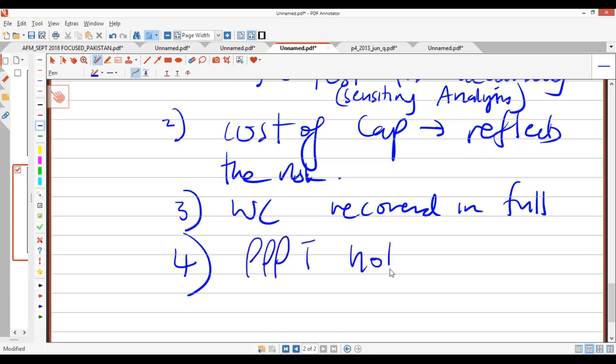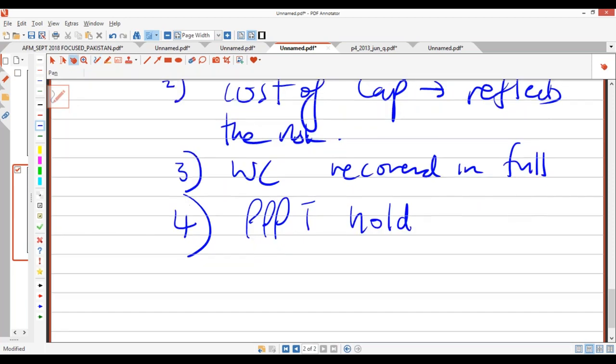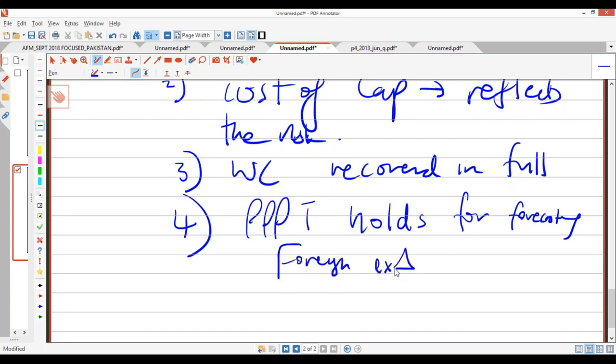PPPT holds. Okay, purchasing power parity theory is the best method to approximate forecasted exchange rates. PPPT holds for forecasting forex, foreign exchange rates.